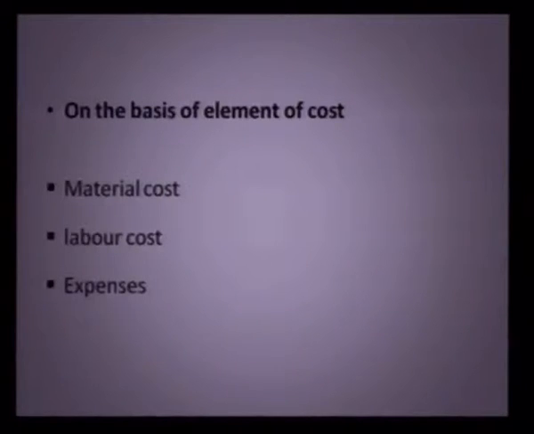For example, if there is some artistic product, some painting, in that case you may find material cost is not much, a canvas and some colors, so that cost is not more. But the cost of the painter, the labor charges, may be more.